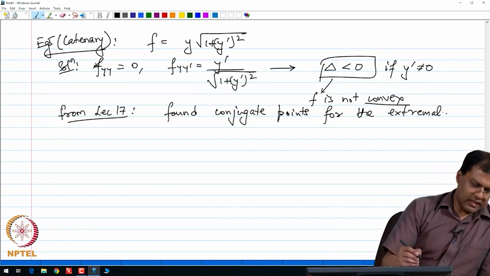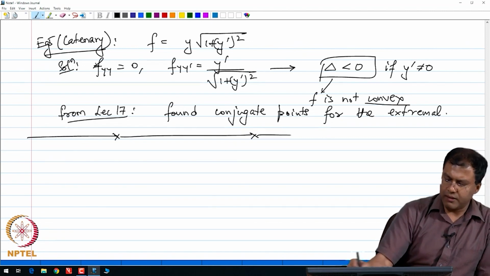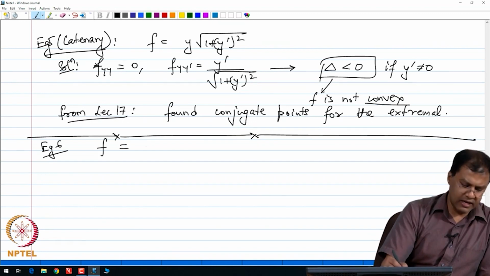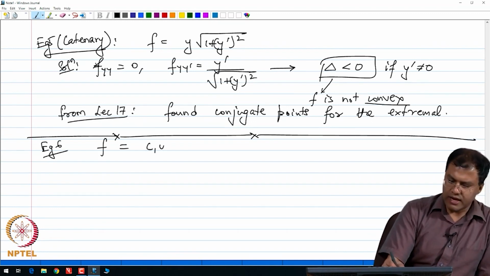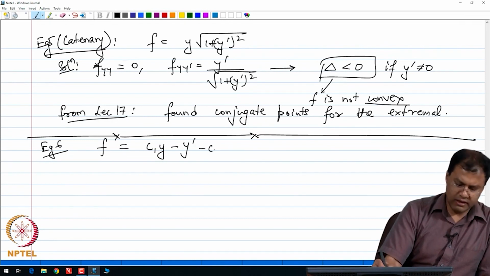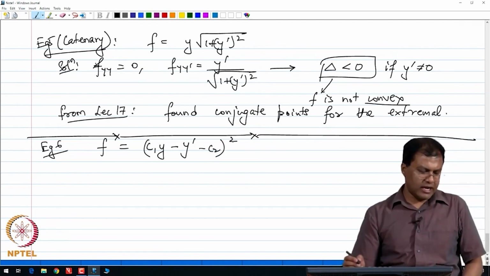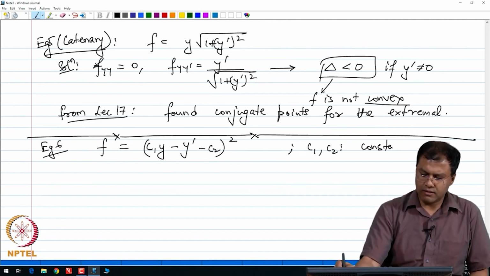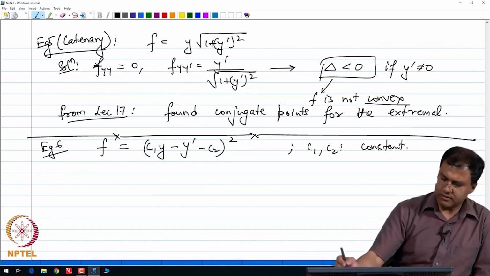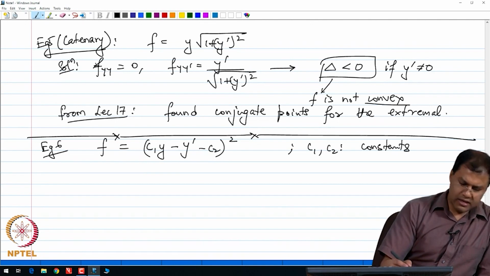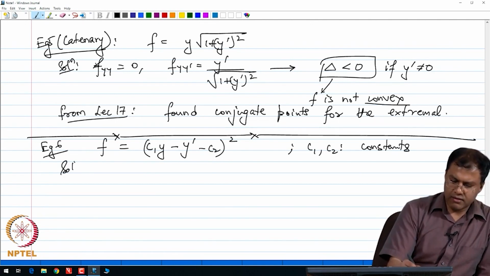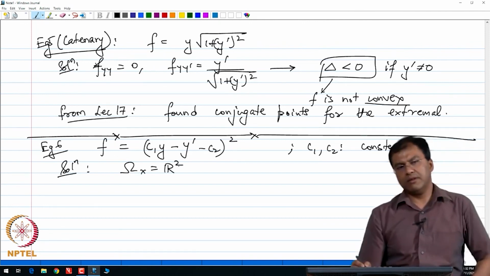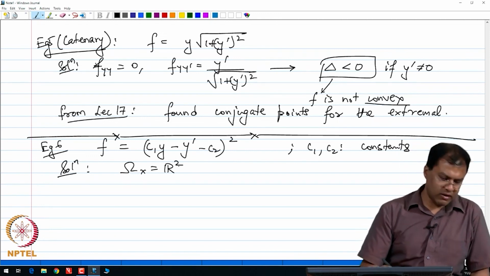Okay. And then finally, here is one more quick example. In this example I consider the integrand of this form, which is (C1 times y minus y prime minus C2) whole squared, where C1 and C2 are constants. Let me take my subset to be R squared. So, I know that the subset is convex. I have to check whether f is convex or not.